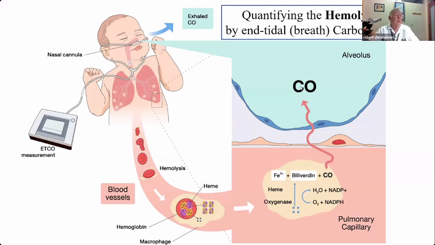And therefore, measuring end-tidal breath carbon monoxide minus any CO in the ambient gas, which is measured and subtracted out of the equation, gives us a metric from which we can figure the lifespan of the red cells.